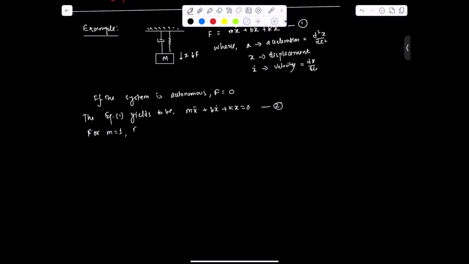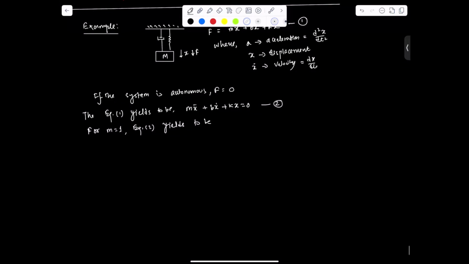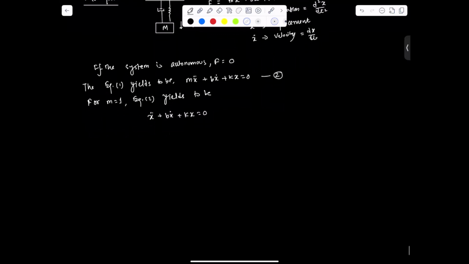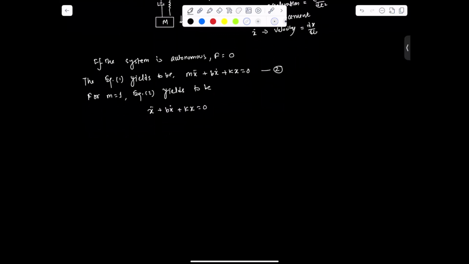Equation 2 yields x double dot plus b x dot plus k x equal to 0. Now, if you notice, the system is basically a second order system.